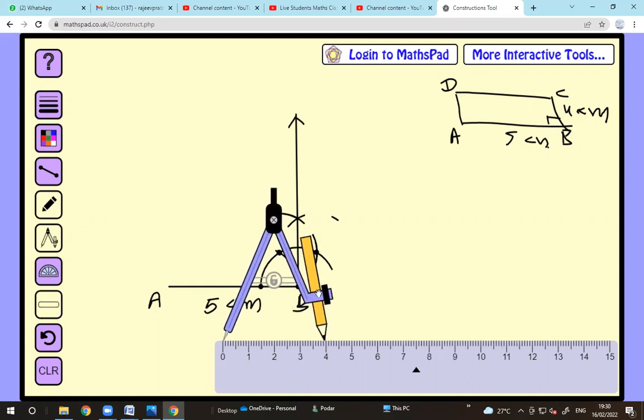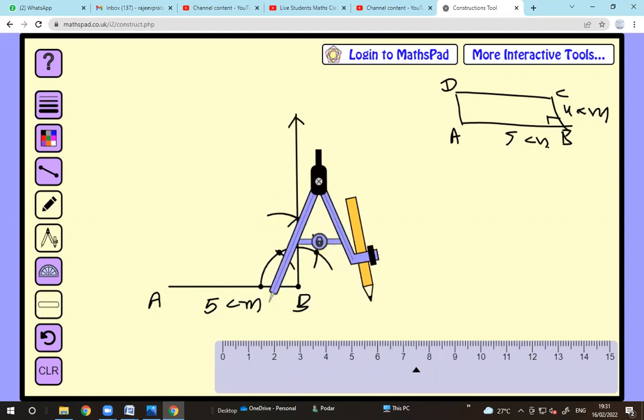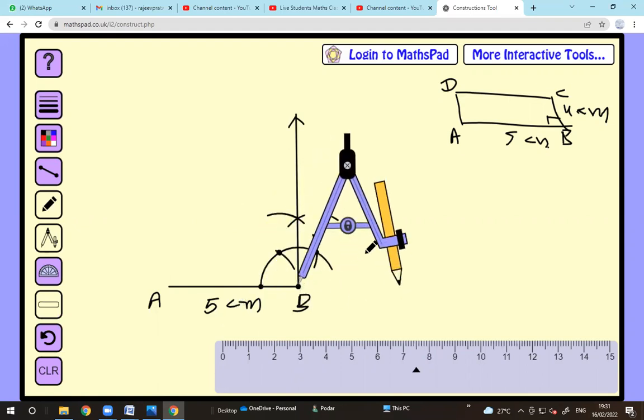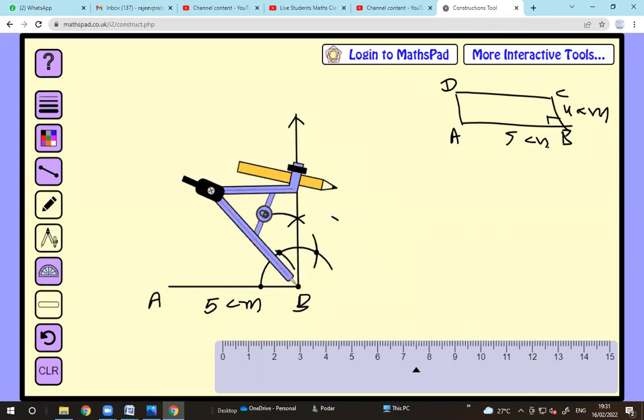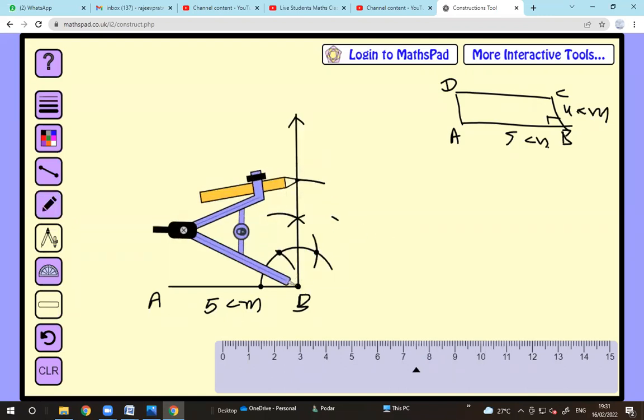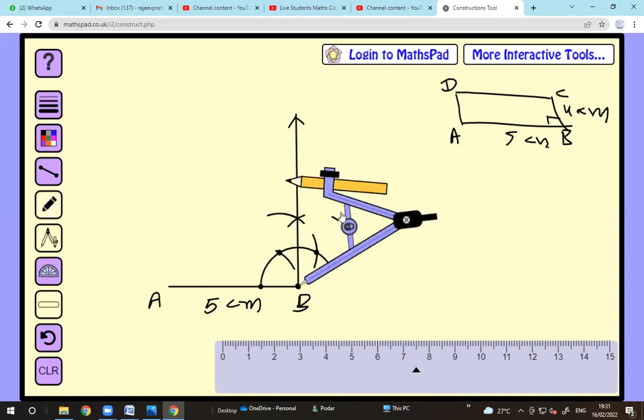Is it okay? Now again, minor changes, minor issue does not affect your result. This is the length of 4 centimeter. Yes. This point is your C. Any doubt with that?